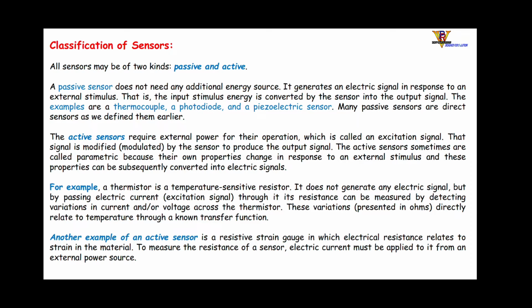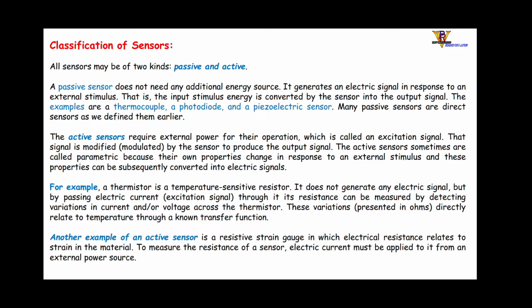Another example of an active sensor is a resistive strain gauge, in which electrical resistance relates to strain in the material. When some strain occurs in the material, its electric resistance changes, for example through a change in length, area, or thickness.